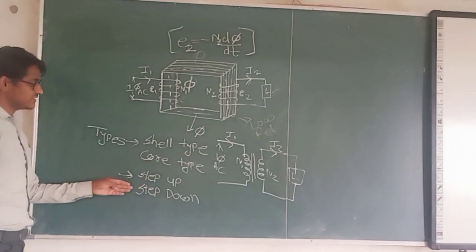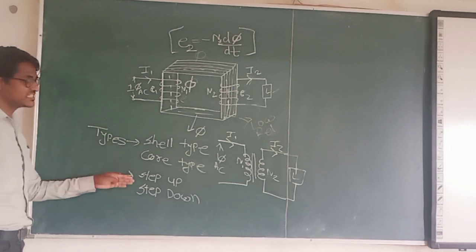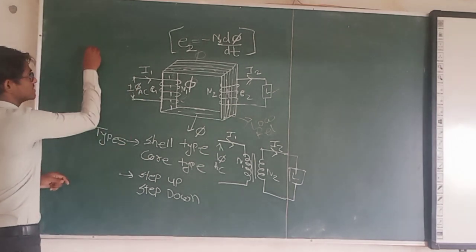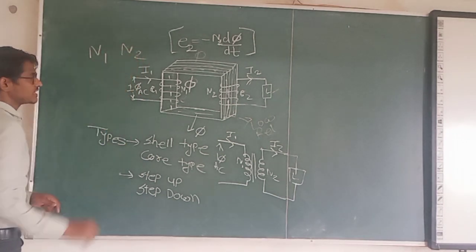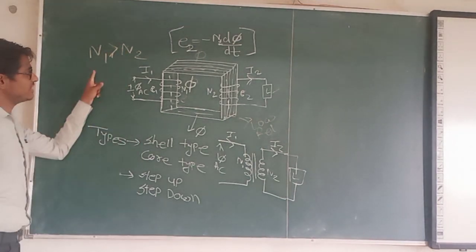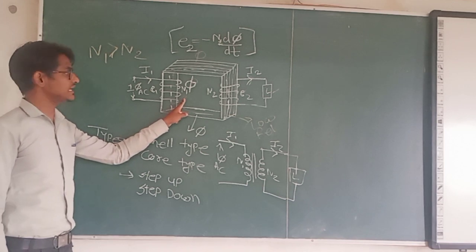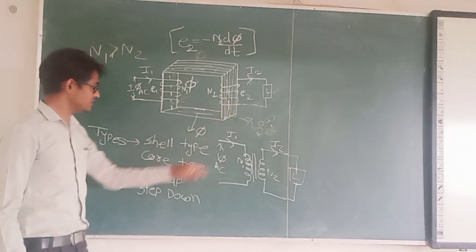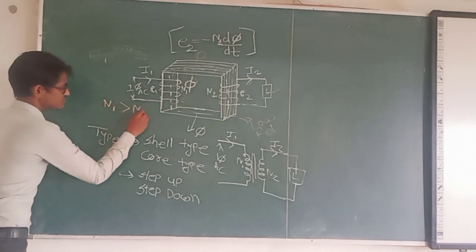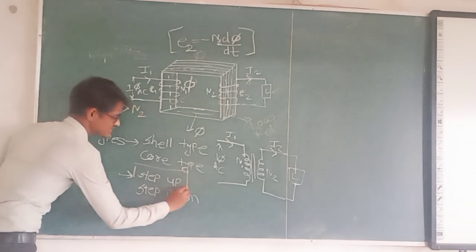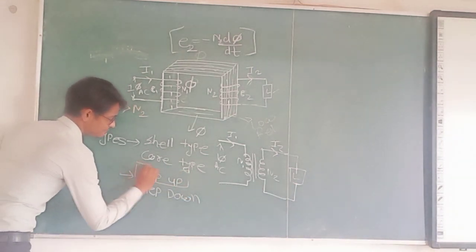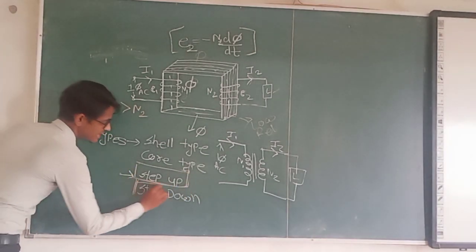Now, the second classification is based on the voltage and number of turns, N1 and N2. What is N1? If N1, the number of turns of the primary winding, is greater than N2, the number of turns of the secondary winding, this is called a step down transformer.